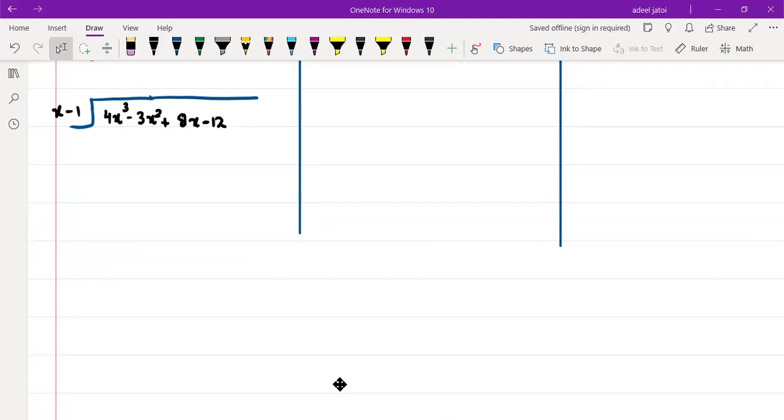So let's say that we have x minus 1, right? What should this x minus 1 be multiplied with so that we get 4x cubed? Obviously, 4x squared. When I multiply 4x squared with x, I'll be getting 4x cubed.